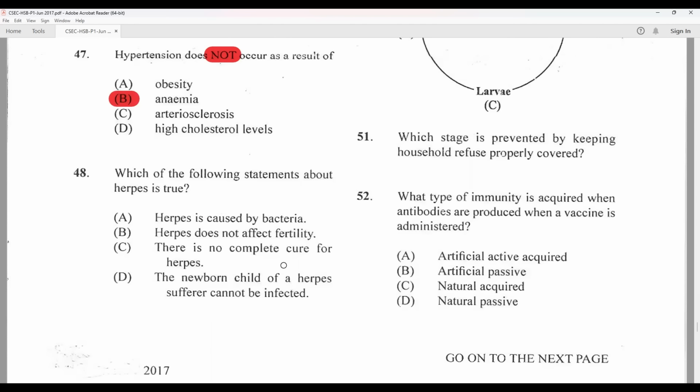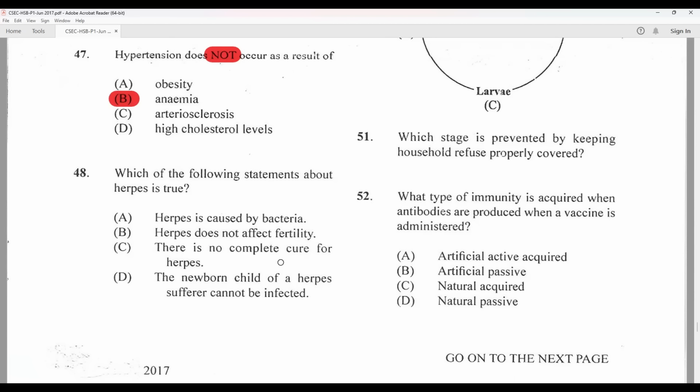Which of the following statements about herpes is true? Herpes is caused by bacteria. No, it is not. Herpes is caused by the herpes simplex virus, which is a virus. Herpes does not affect fertility. It is a sexually transmitted infection, or STD, so that is suspect.